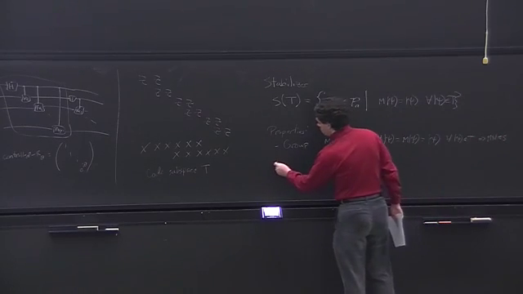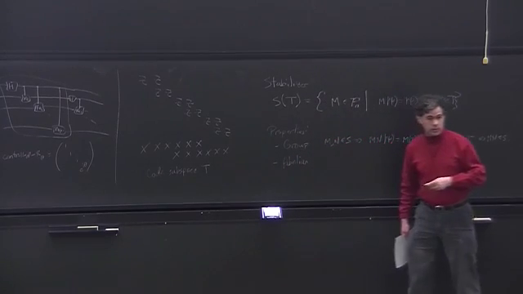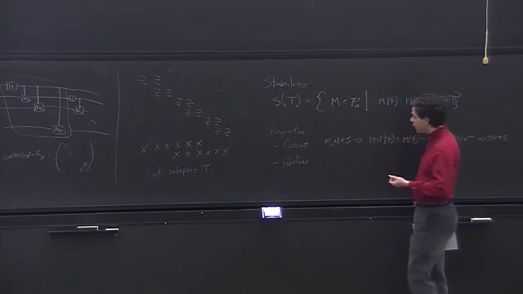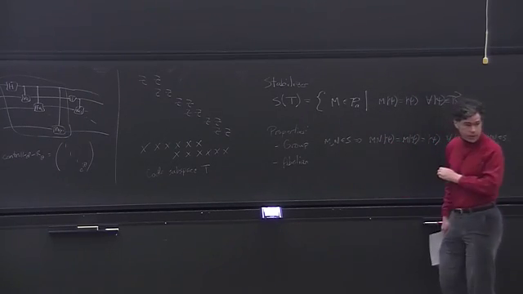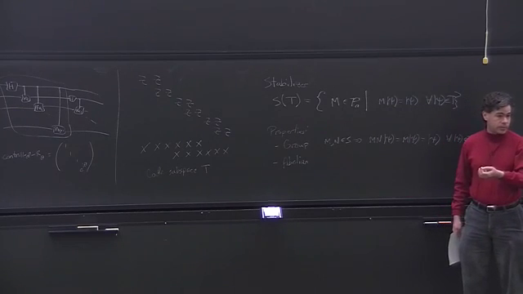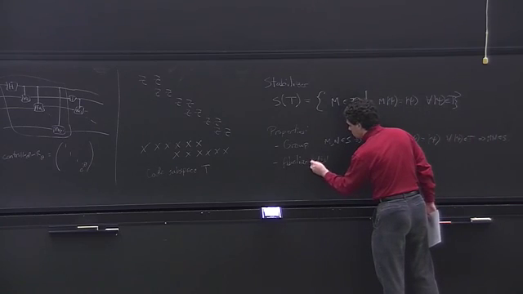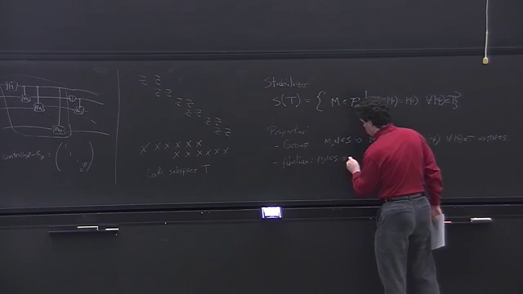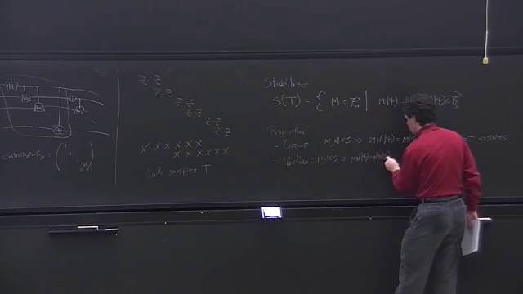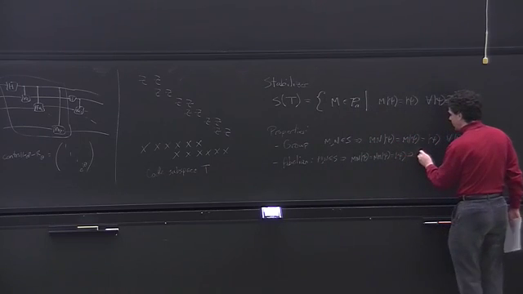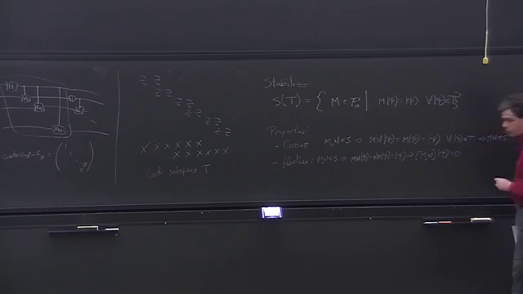And moreover, it's an abelian subgroup. Abelian means that the elements commute. And so why is that? Well, I've just shown you that MN psi is equal to psi. And by the same argument, NM psi is equal to psi when M and N are in S. So that's saying that the commutator of M and N annihilates psi for code word psi.